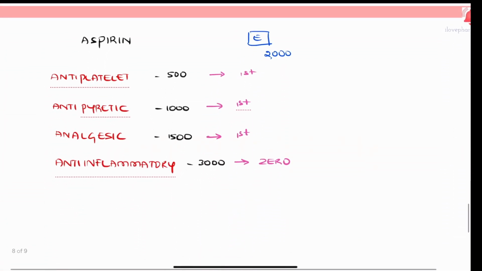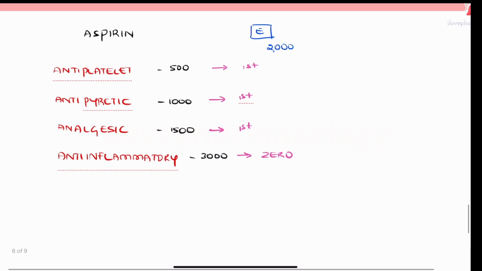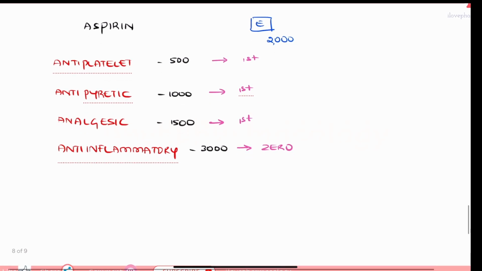If you take an example of aspirin, since aspirin follows dose dependent actions, at lower dose it produces antiplatelet action, followed by antipyretic and analgesic action, and at higher doses it produces anti-inflammatory action.